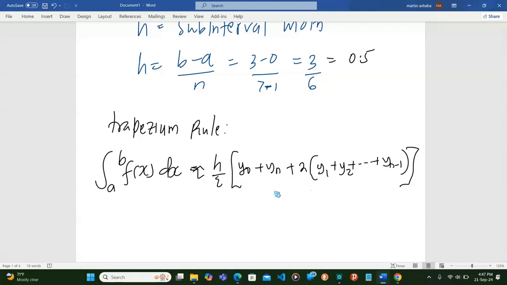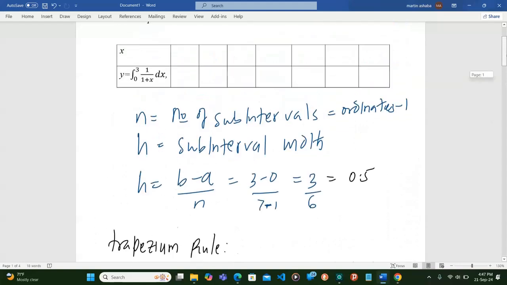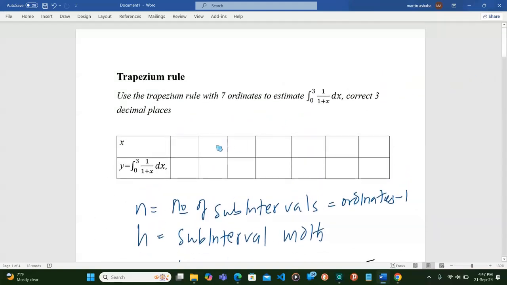So what does that mean? It means my y0 will be f of x0. But where is x0? We have to draw a table that is going to give us those values. So we need a table that has x values and the y values, or the f of x values. Since we are starting from 0, we will start from 0.